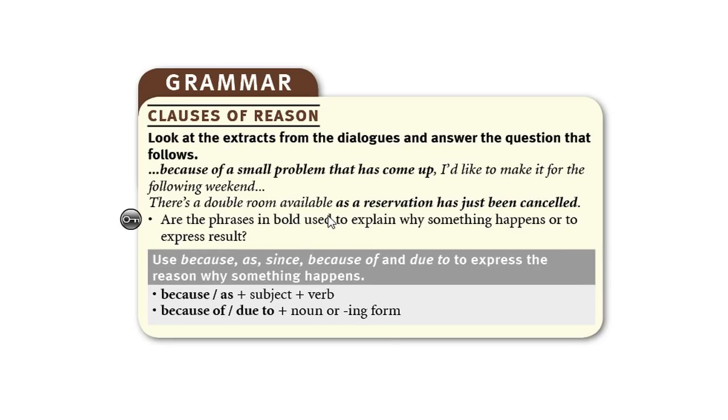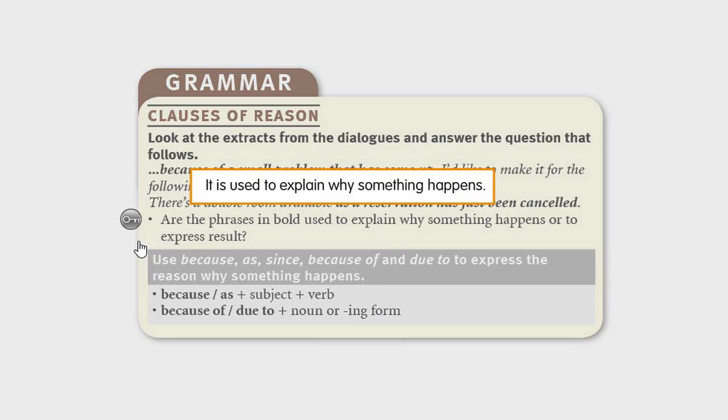Use because, as, since, because of, and due to to express the reason why something happens. It is used to explain why something happens.